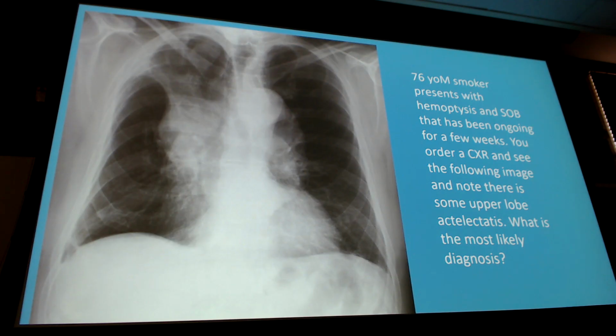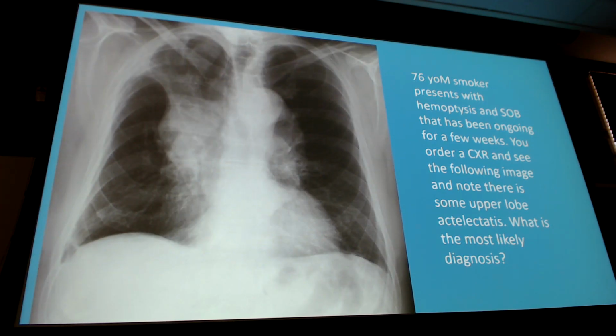So now I have a 76-year-old smoker with hemoptysis and shortness of breath that's been ongoing for the past few weeks. You order a chest x-ray, you notice, look what I told you, you notice you have the upper lower lobe atelectasis. On the exam, I might not tell you that. I might just leave it there for you to find. What's the most likely diagnosis?